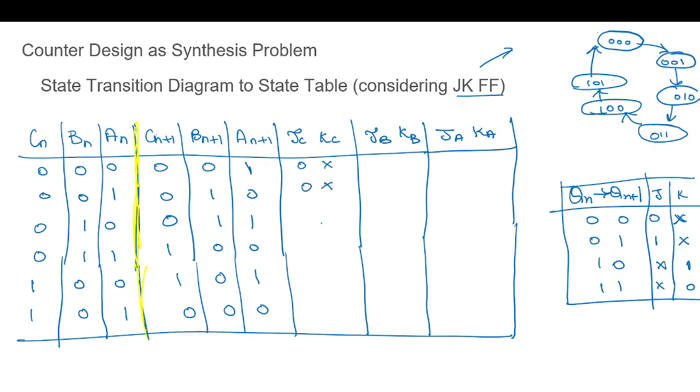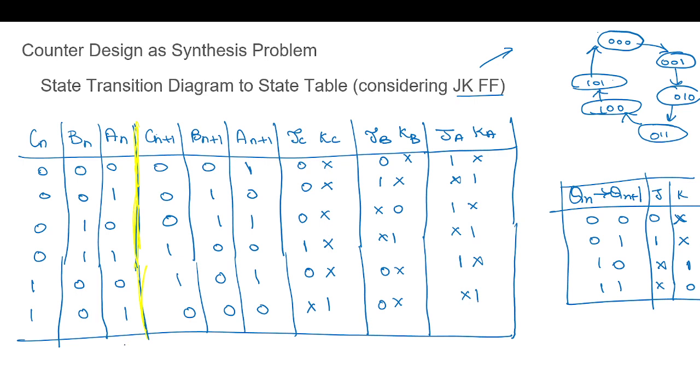Again 0, 0, 0x, 0x, 1x, 0x, x1, 0x, 1x, x0, x1, 0x, 0x, 1x, x1. This is like toggle. You can see 0 to 1, 1 to 0. So it's alternating 1x and x1, 1x, x1.